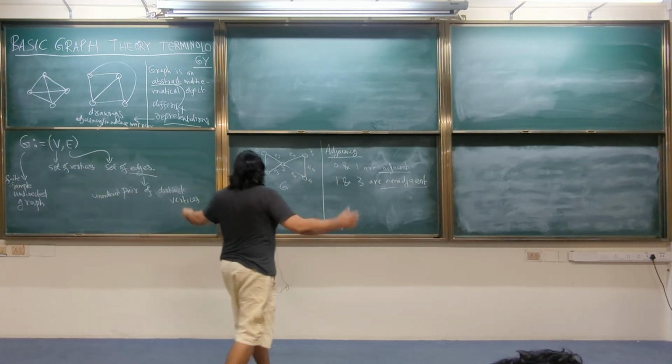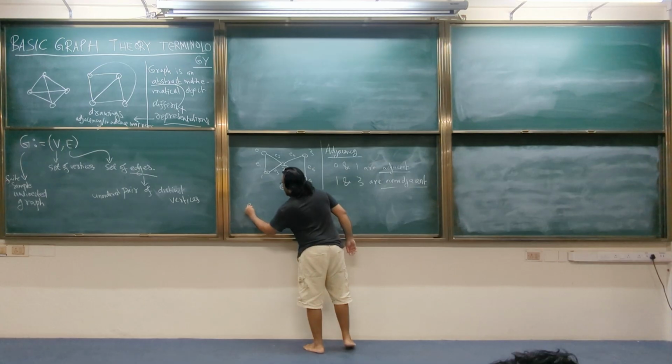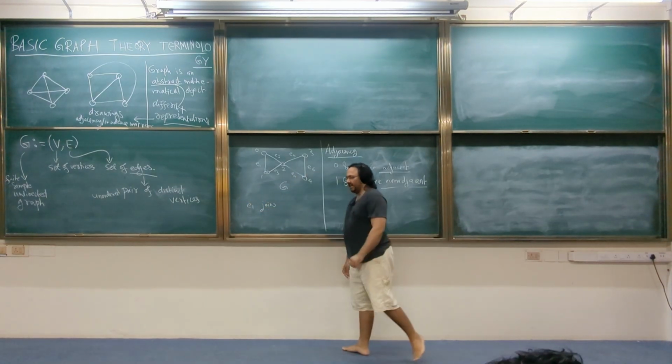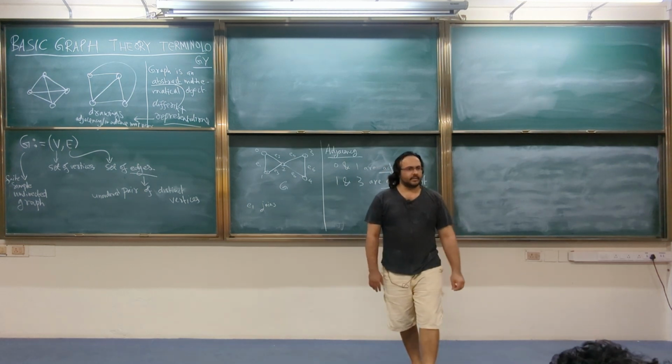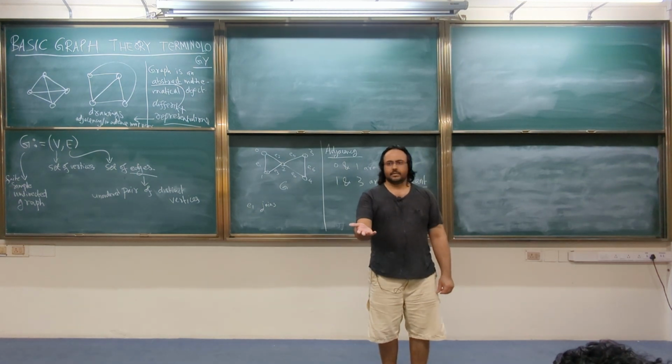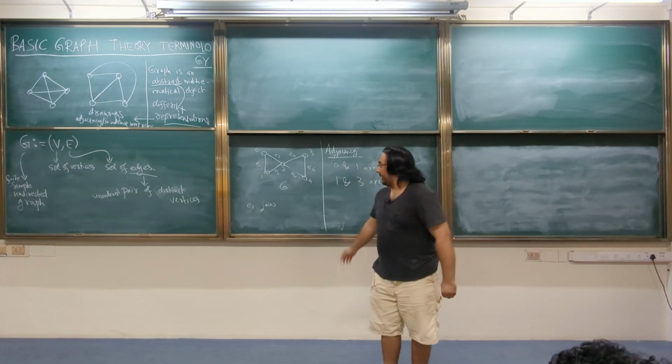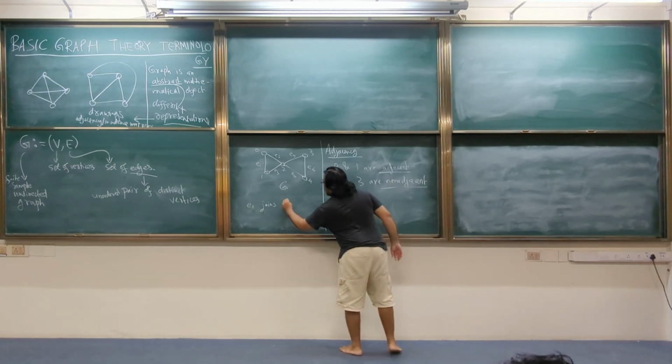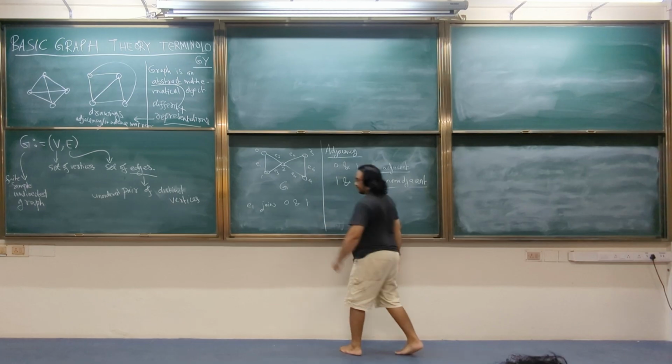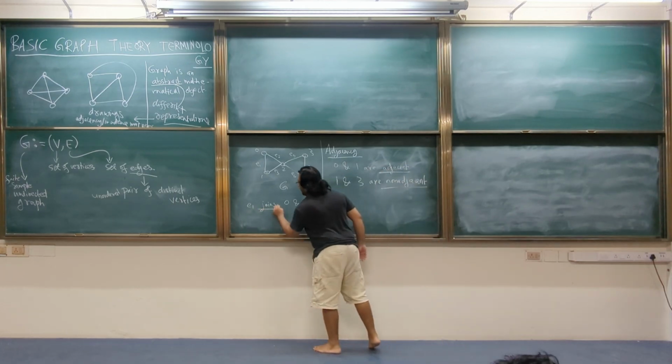Joining. E1 joins. Please don't use connects. Connects has many other meanings. E1 joins blah and blah. Somebody? 0 and 1. E1 joins 0 and 1. So that's what I mean by joins.